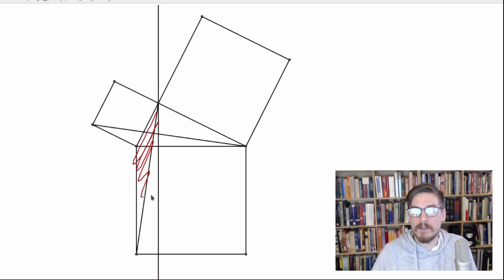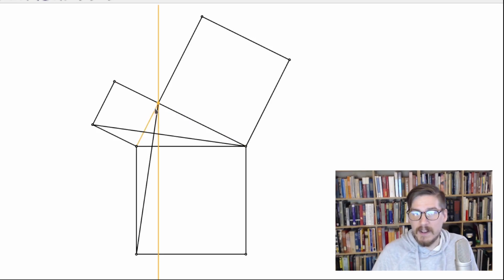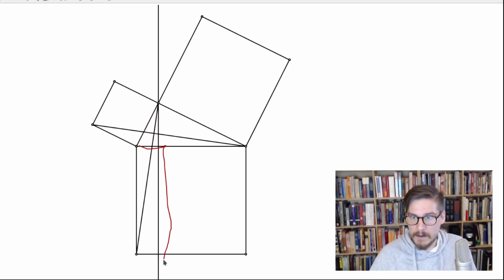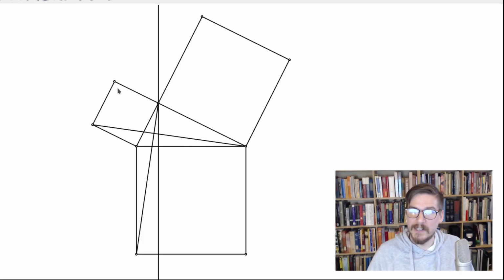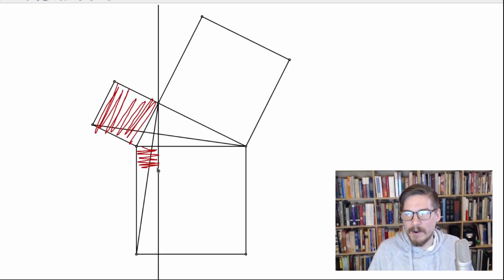The areas of the triangles are equal because they're equal triangles, which means that this parallelogram here, which is really just a little rectangle right there, is double the area of this triangle, which is in the same parallels and on the same base, which means that the area of this square is equal to the area of this rectangle. Got it? Okay. Now he does the same thing on the other side.